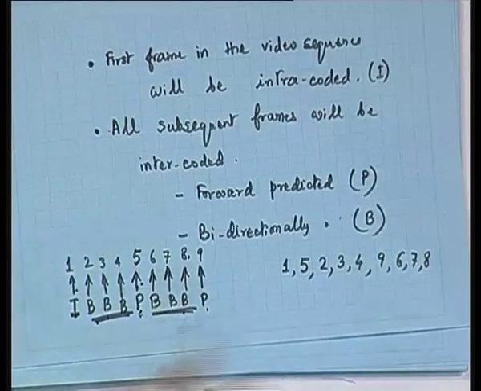So, if we proceed in this manner, it is possible that after sufficient time has elapsed, let us say after 100 frames, we may find that our prediction is awfully bad, especially whenever we have rapidly moving objects.